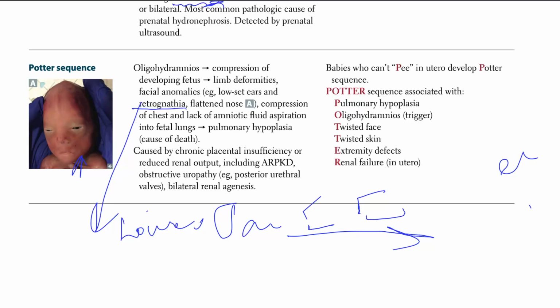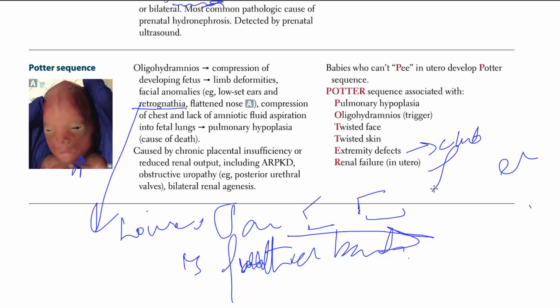Okay, so lower jaw is further back. That's what retrognathia is. In extremity defects, you're going to have club feet. Okay, or limb deformities, but specifically club feet.